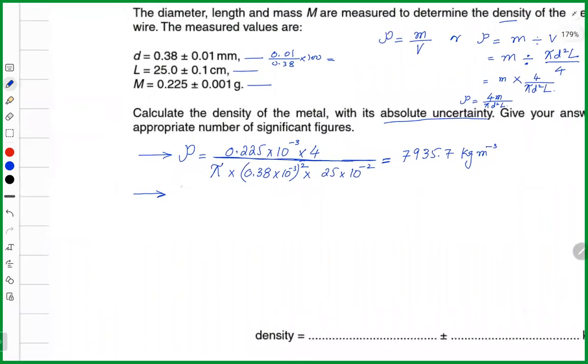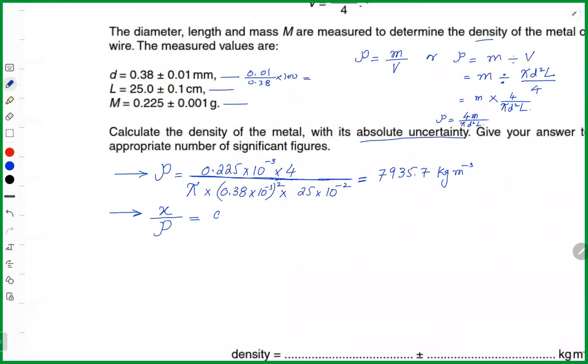So I don't know the uncertainty of density, so I will consider it X. So fractional uncertainty of density will be uncertainty of the density divided by density equals to fractional uncertainty of M, which is 0.0001 divided by 0.225, plus D, which is 0.01 divided by 0.38.